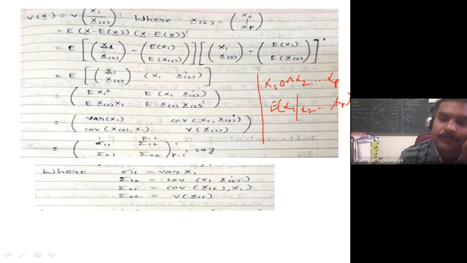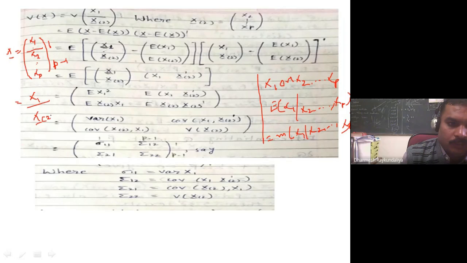So in short, in the earlier slide, we have shown that the regression of x1 on x2 up to xp is nothing but the expected value of x1 given x2 up to xp, provided that x1, x2, up to xp are jointly distributed, and it is given by the conditional mean of x1 given x2 up to xp.